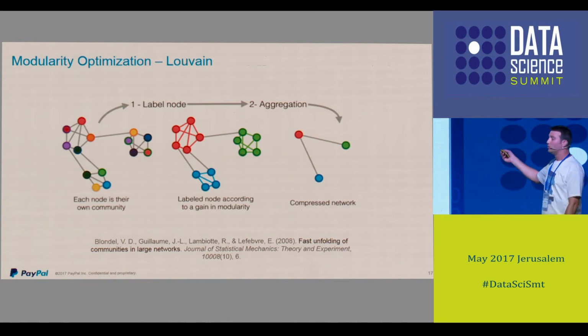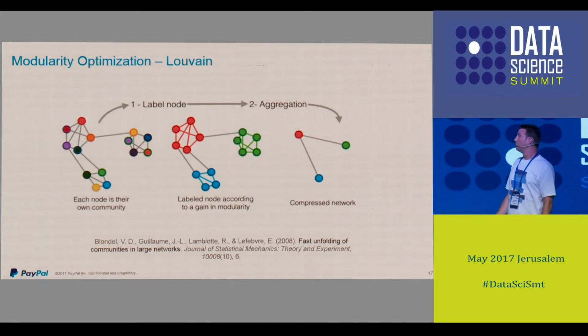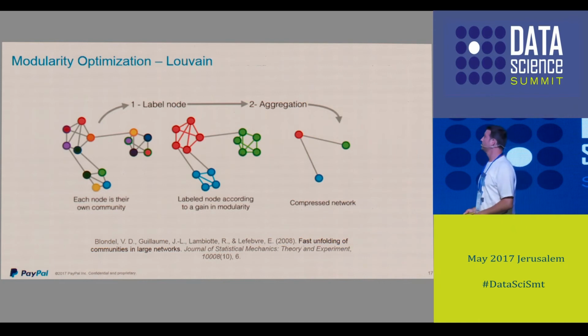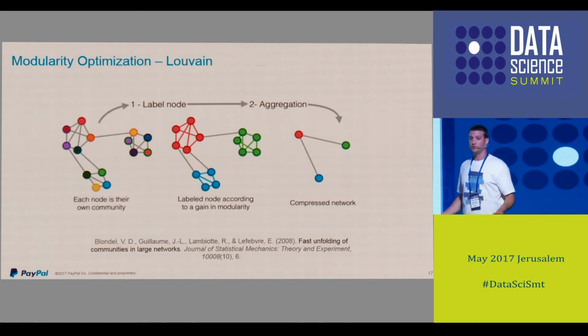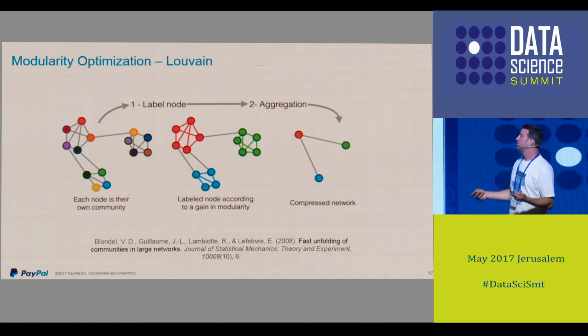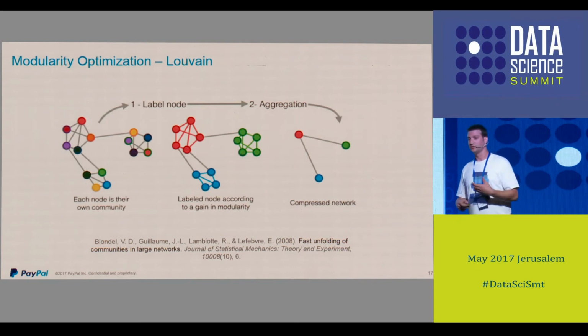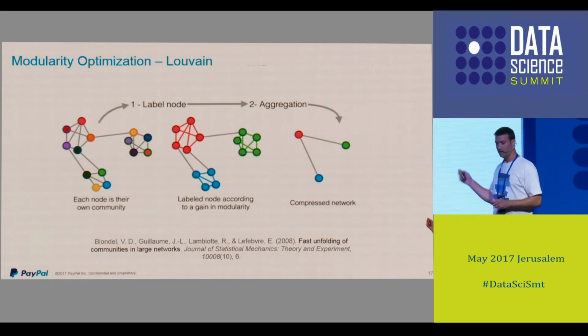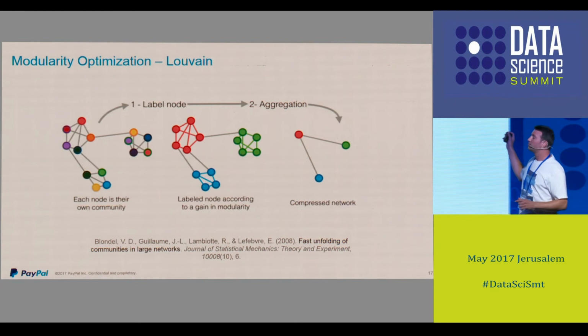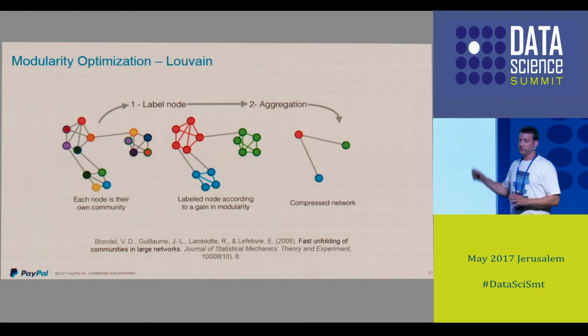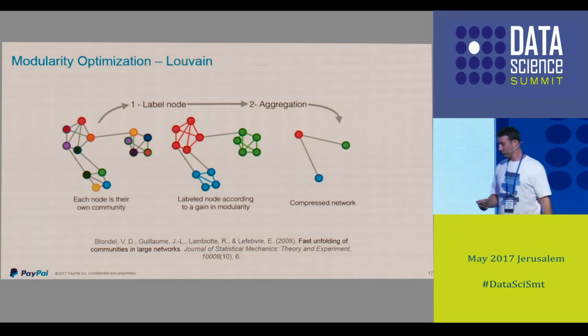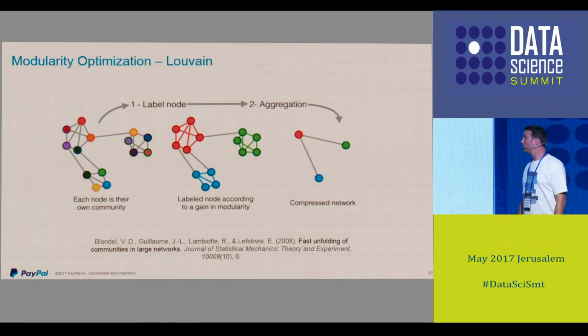Now, when we wanted to use this algorithm, we found an open source implementation. It was quite a good implementation, actually. So we just took it over to Spark. We migrated it to work with our current version of Spark, which is Spark 2.0. And we had to change the function that you saw a little bit, because this function is meant for an undirected graph, and we use a directed graph. So this is about the Louvain.